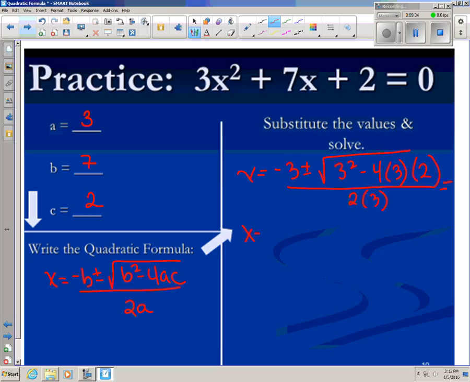So x is now equal to -3 plus or minus, let's do everything under the radical sign. So I'm going to get 9 minus 12 times 2 is 24, all over 6.